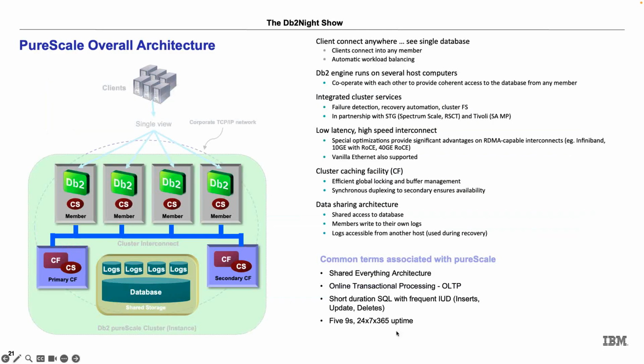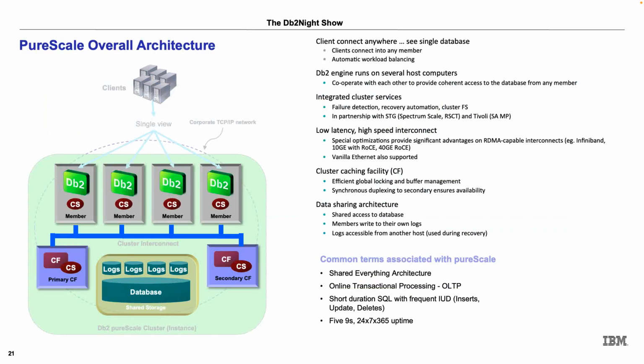So this section is all about the new feature for pureScale. First of all, I wanted to quickly revisit what Db2 pureScale is all about. It's designed for high availability and scalability in OLTP workloads with a shared everything architecture for all members, seeing the same data, and the clients can connect to any member.